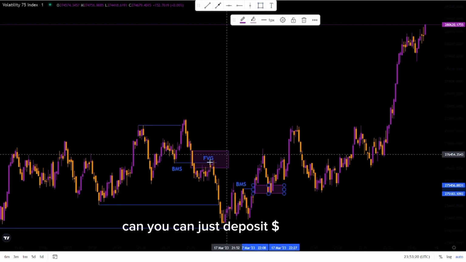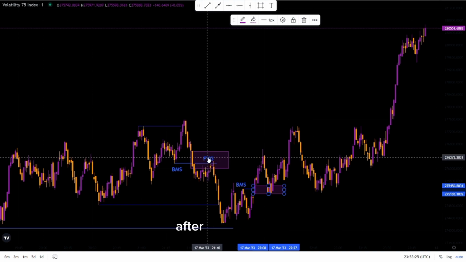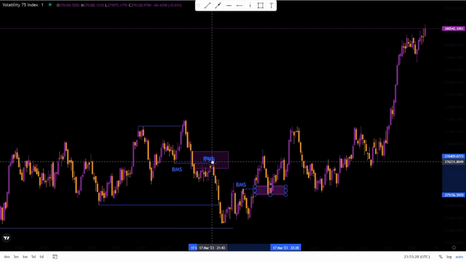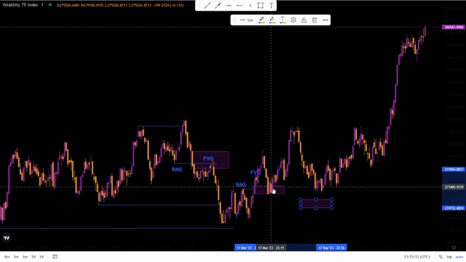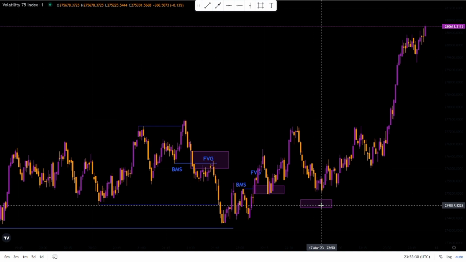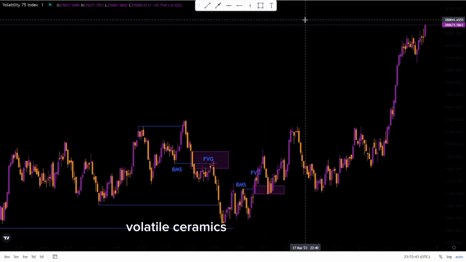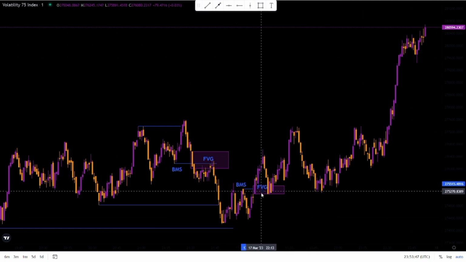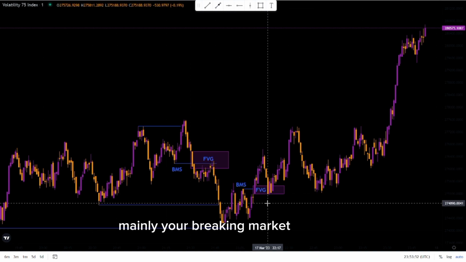After depositing $5, what are you going to do? You're going to trade the Derive Volatility 75 index on the 1 minute, looking for these setups, mainly your breaking market structure.